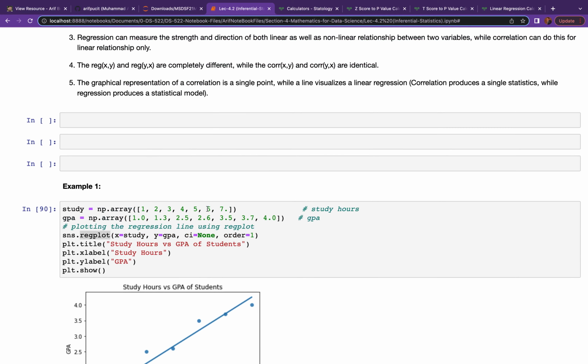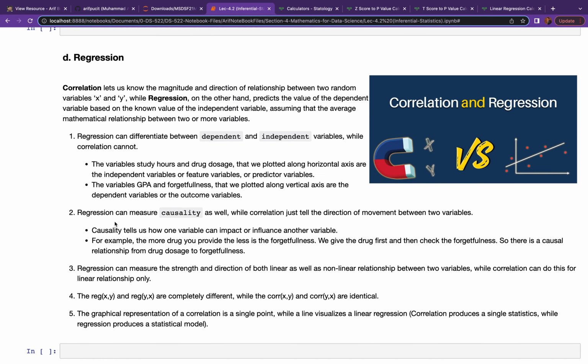Let's move on to the second difference between correlation and regression, and that is causality. Regression can measure causality, while correlation cannot do that. Well, this causality is also referred to as cause and effect. It tells us how one variable can impact another variable.